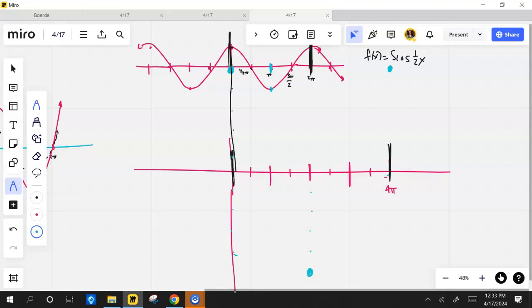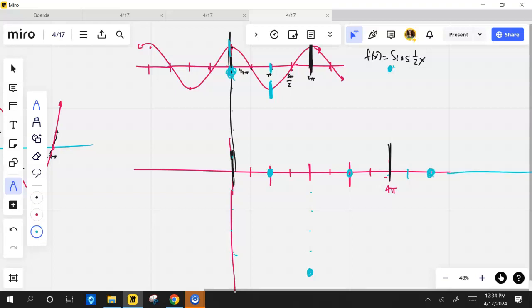Now halfway in between that, what happens halfway in between a high and a low? It goes to 0, right? So halfway in between this high and this low is 0, so that's going to happen right there. Again, halfway between, and now I've got enough to pick up this pattern. High, 0, low, 0, high, and then look at how many I'm skipping in between. I'm skipping 2, and this would be that 0, right?